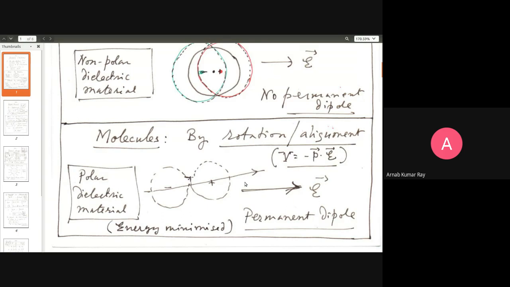So that way the molecule will be aligned along the direction of the external field, such that the positive charge will be towards one end and the negative charge will be towards the other end. The positive charge will be towards the forward end of the electric field. So this will be polarization or rotation by alignment. This happens in the case of systems where the dipole structure is already present. Usually such a thing happens in the case of molecules.